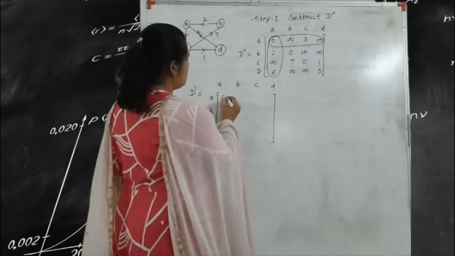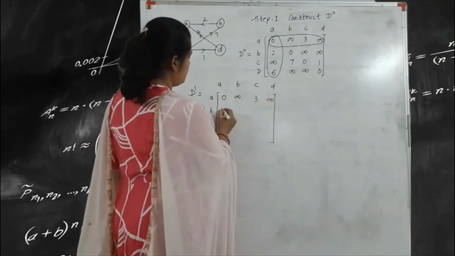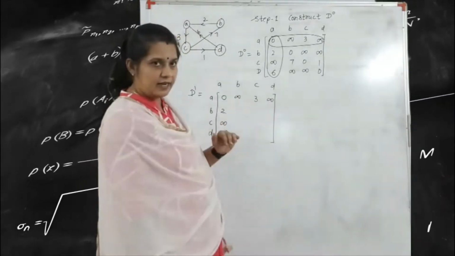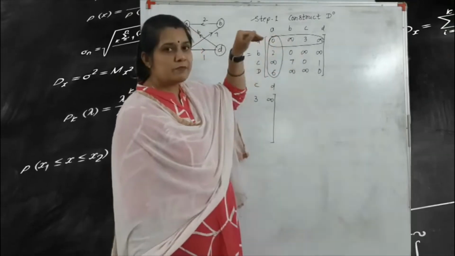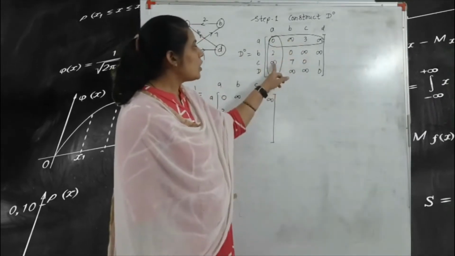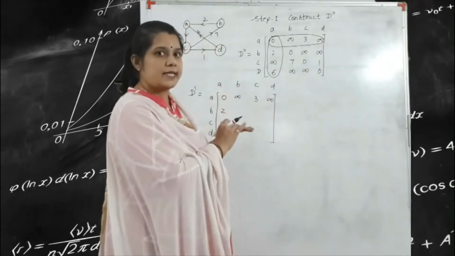That means 0, infinite, 3, infinite, 2, infinite, and 6. After that, you check if any infinite is present in your row or column, and you copy that row and column as it is.